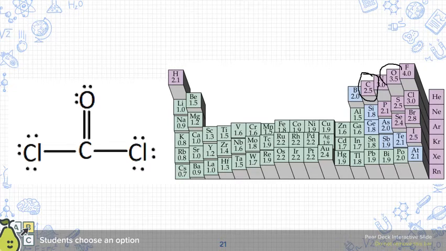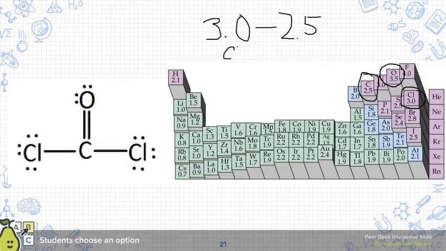oxygen, and chlorine. For our bond polarities, the difference in magnitude between carbon and chlorine is going to be 3.0 for chlorine minus 2.5 for carbon, which equals a difference of 0.5. That's for each of the ones there at the bottom, 0.5.